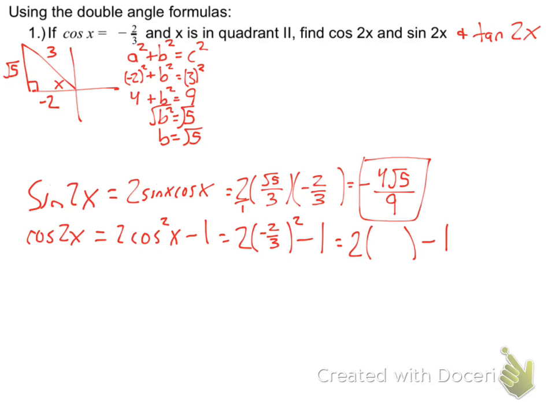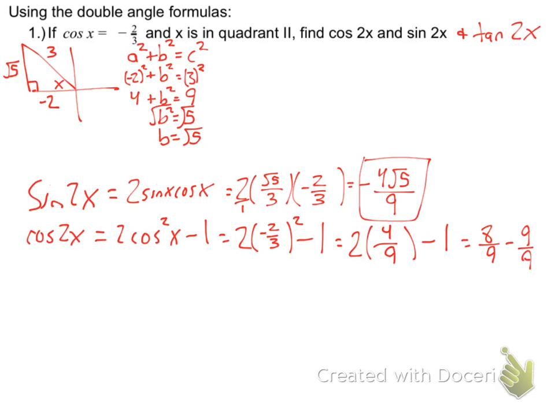Top squared, bottom squared. What's 2 squared? 4. Bottom squared? 9. 2 times 4 ninths is 8 ninths. I could subtract 1, but to get a common denominator, 1 would actually become 9 over 9.